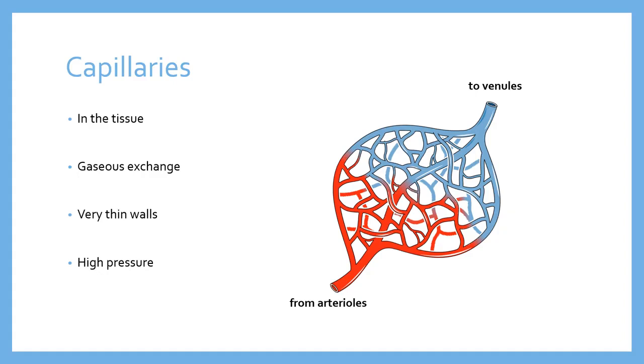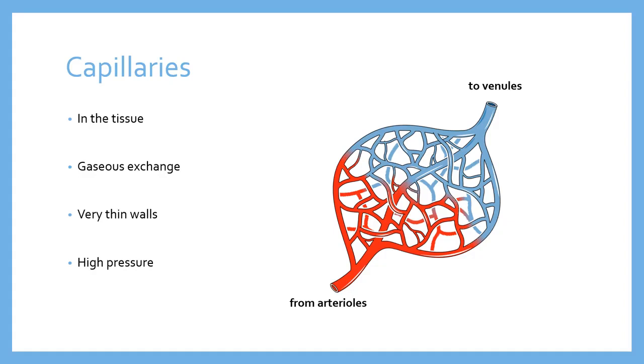So the pressure is retained relatively high at this point. And once the capillaries then re-emerge from the tissue and start to join back together again, then the pressure starts to drop. And as they join back together again, they become no longer capillaries, but they become the next type of vessel that we're going to talk about in just a second.